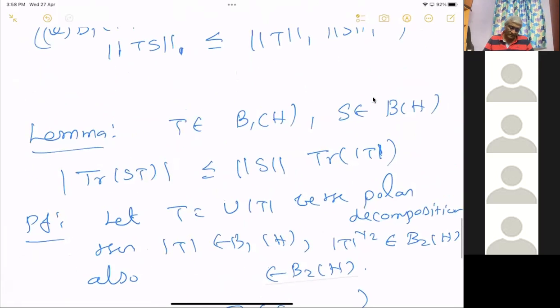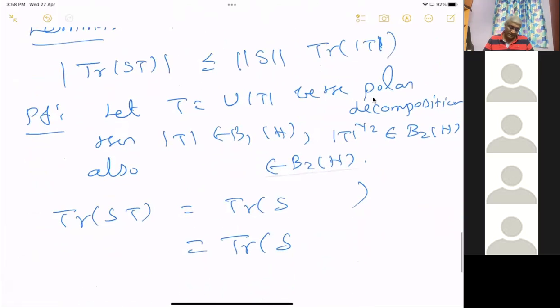Oh, no, I should have only U mod T. Sorry, there is no U star T. I'm sorry, I got confused unnecessarily. Yes, it is just UT. This is okay, no?